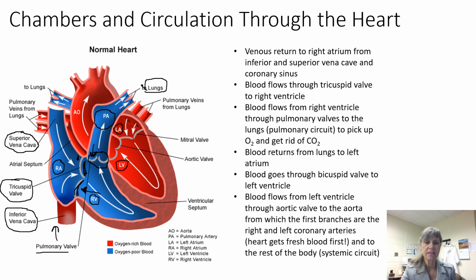Now notice it's in pulmonary arteries, but it's oxygen poor. So arteries are technically blood vessels that carry blood, whether it's oxygenated or not. They carry blood to another organ. And in this case, the pulmonary arteries are going to the lungs, and they're blue because they're carrying oxygen poor blood.